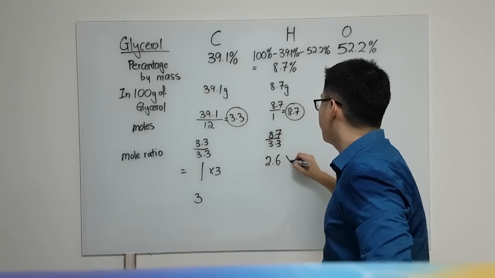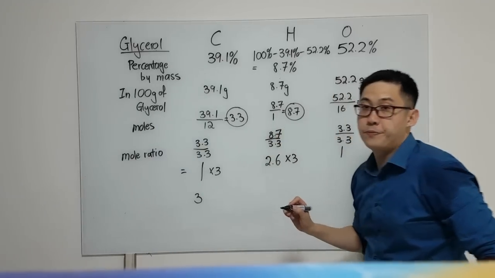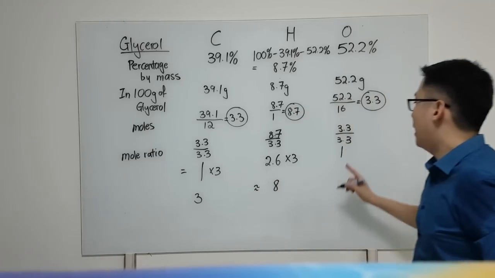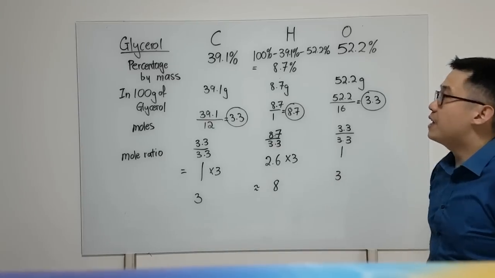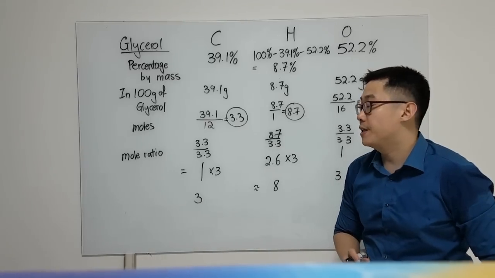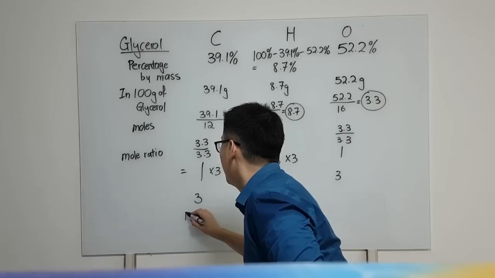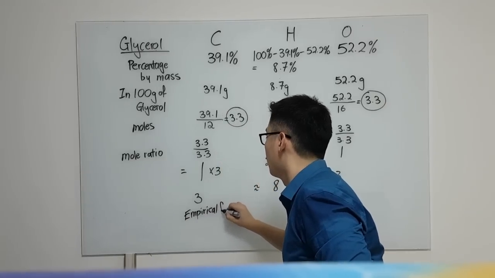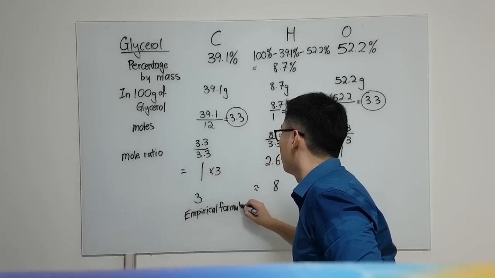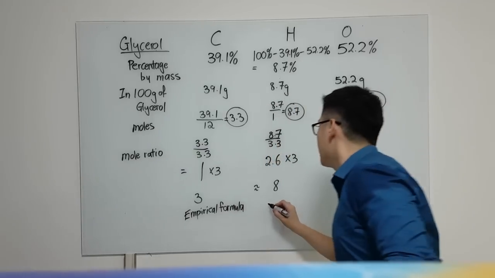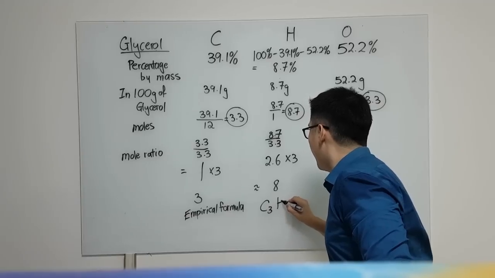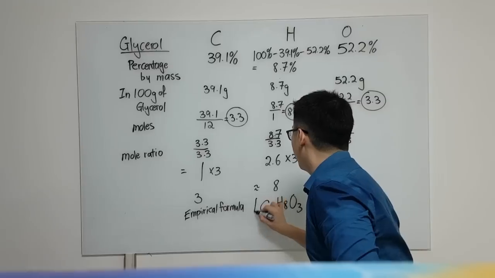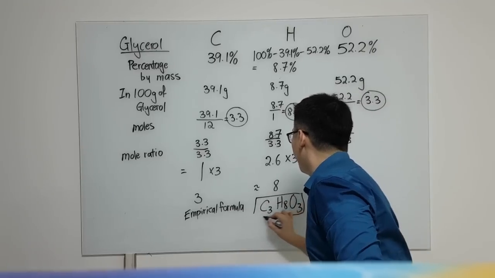When I take 2.6 and I multiply by 3, what I will get is a very close approximate to 8. And this is 3. So as such, I can tell you very confidently that the empirical formula of glycerol is actually C3H8O3, and that would be the empirical formula.